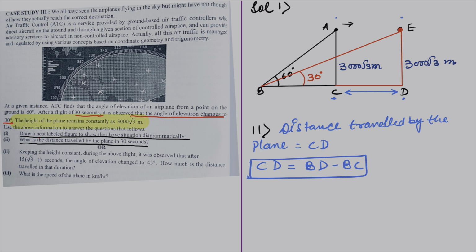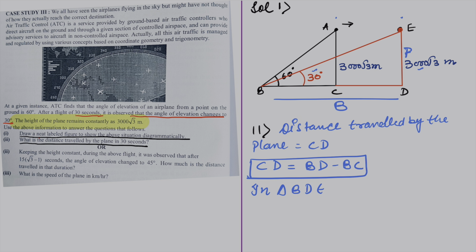Now here we can see that BD is the side of the triangle BDE. So we have to consider the triangle BDE to find BD. In triangle BDE, it is given that this angle is 30 degree and this side is 3000 root 3. Since the side DE is opposite to the angle 30 degree, this is perpendicular. And what we have to find is the base. So considering P and B, we can use the trigonometric ratio tan theta.